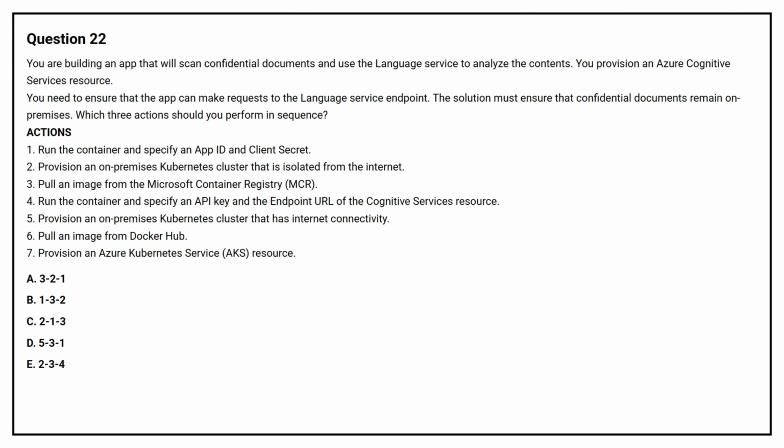Run the container and specify an API key and the endpoint URL of the Cognitive Services resource. 5. Provision an on-premises Kubernetes cluster that has internet connectivity. 6. Pull an image from Docker Hub. 7. Provision an Azure Kubernetes Services AKS resource.